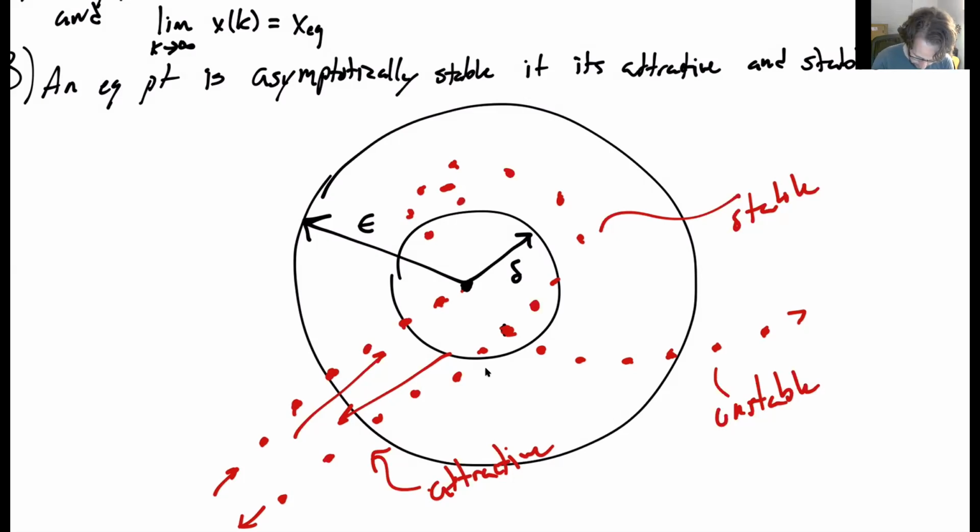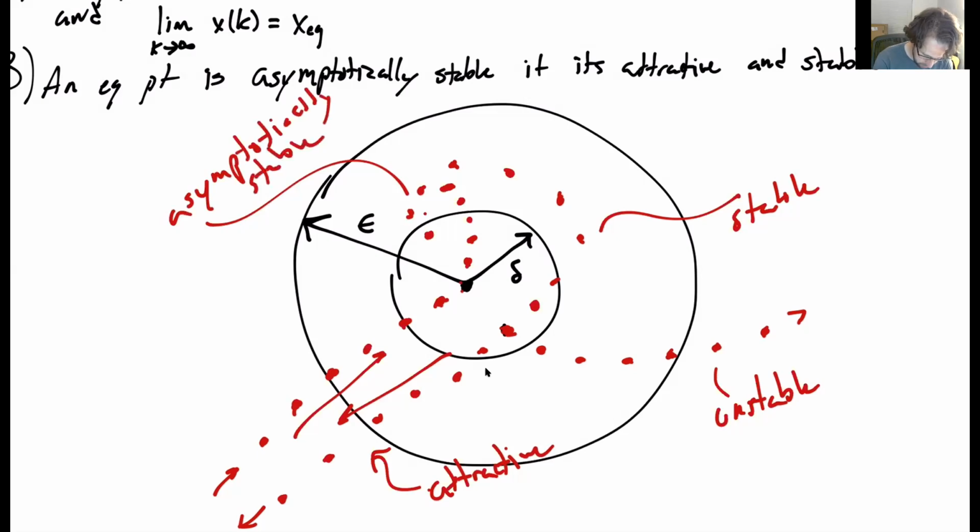And so now it'll converge at the infinite point, right? So it stays inside the epsilon ball, and it converges to the equilibrium point. This is an asymptotically stable solution.